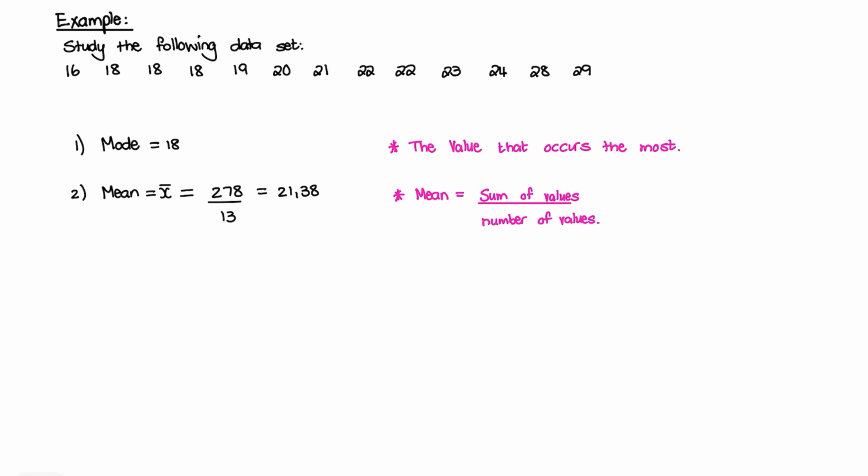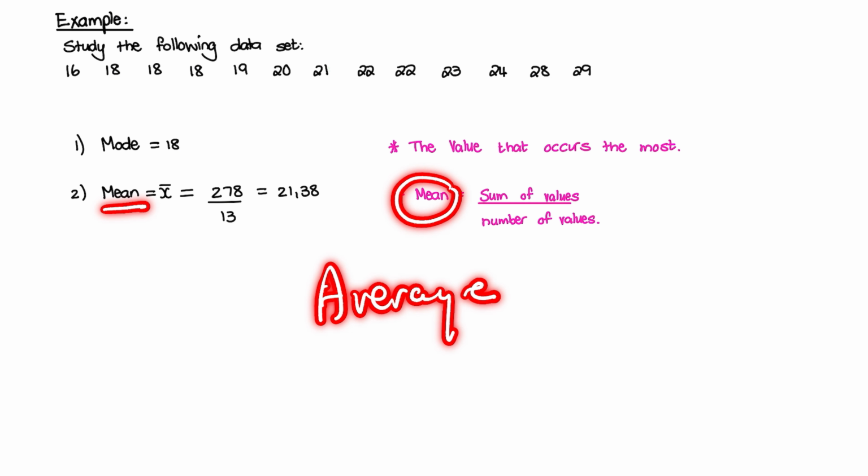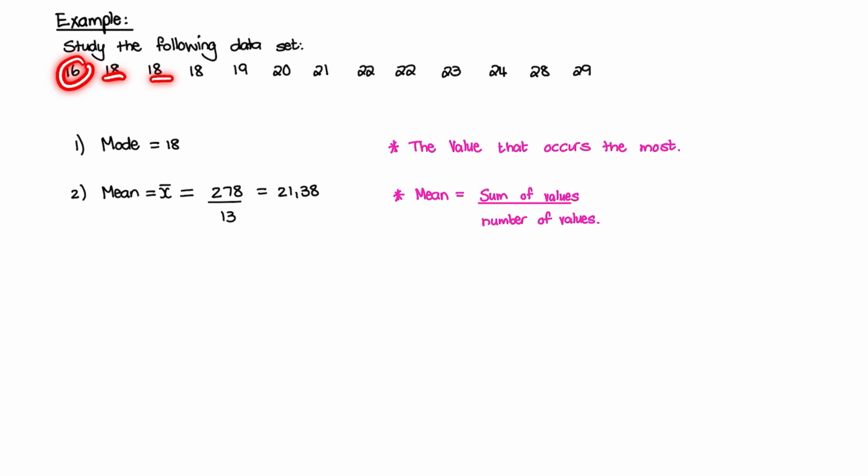Next, we can find the mean of the data. Mean is another word for average, and to find the average, we add all of these data values together. So we take the sum of the values and divide it by the number of values. In this data set, we have a total of 13 data points.